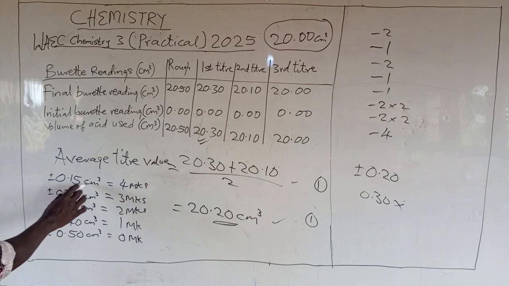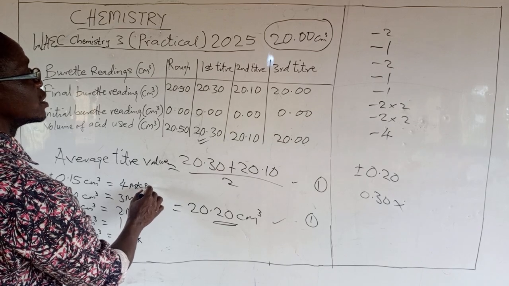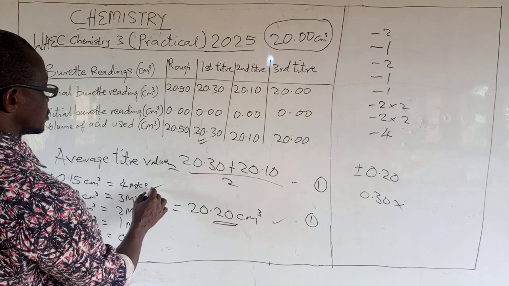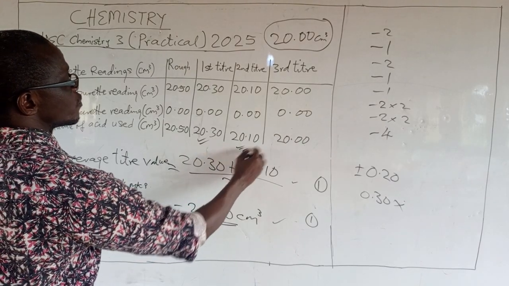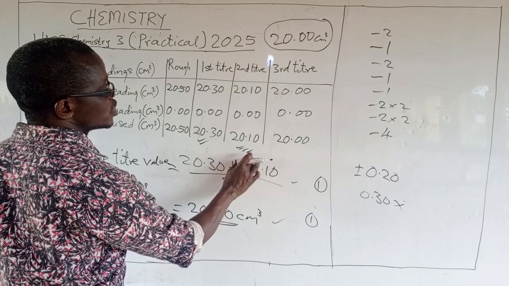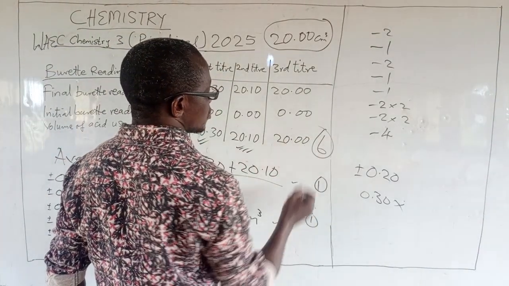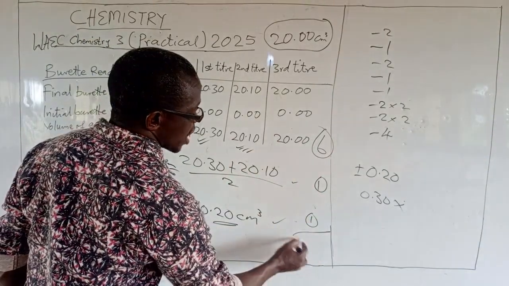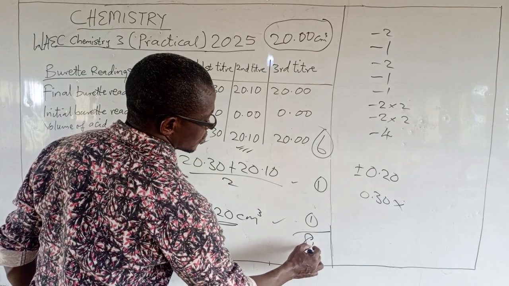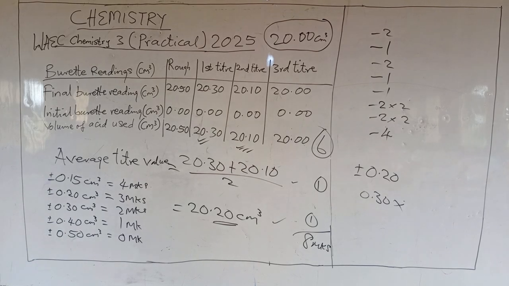So I will have 4 marks here. I'll have 4 marks here. I'll have 4 marks here. 1, 2, 3, 4. So add these 2 marks to these 4 marks. That's 6 marks. So you have 6 there, 1 here, 1 here. Altogether 8 marks out of 10. So that is how that is followed up.